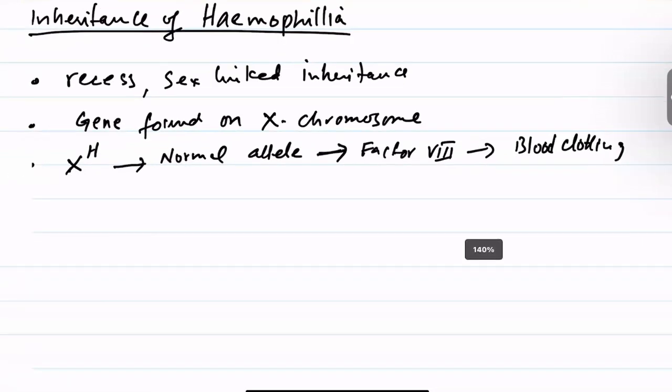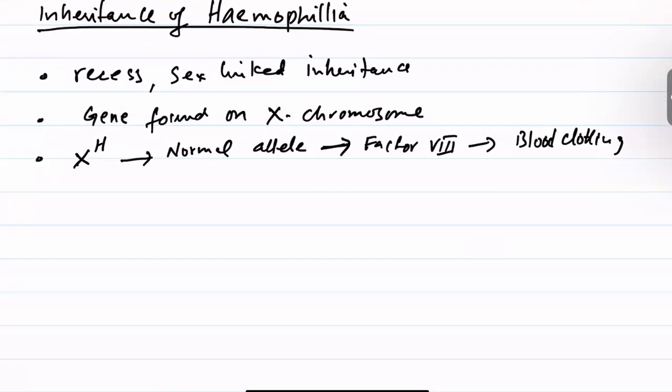Whereas a person with the recessive allele, which is X, H small, has a faulty or mutated allele. This is a recessive allele, and this one is a dominant allele.